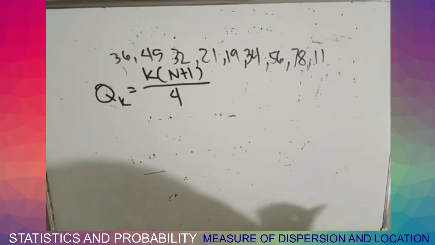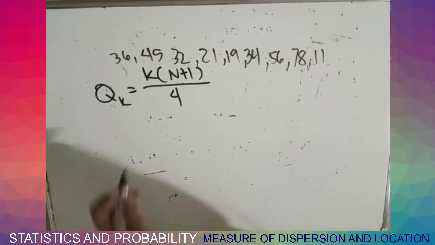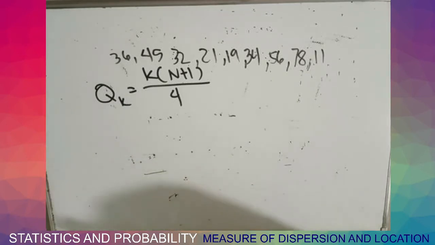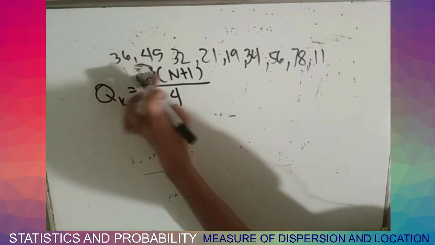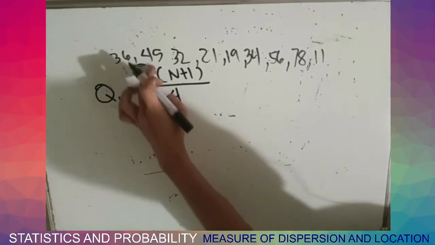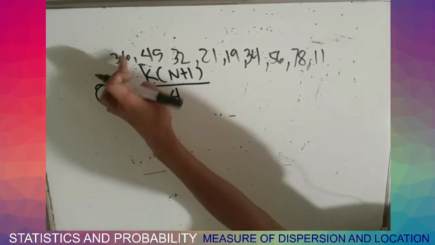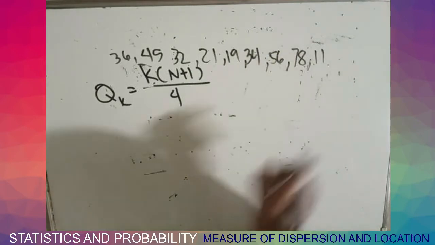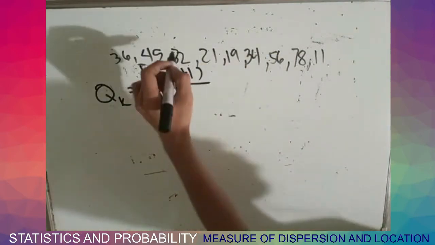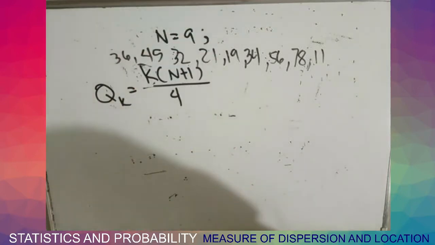So, hanapin natin yung value ni K and the value of N. Di ba, si N is yung bilang ng ating dataset. So, ano ba yung bilang ng dataset natin? 1, 2, 3, 4, 5, 6, 7, 8, and 9. So, ang value ng ating N ay 9.